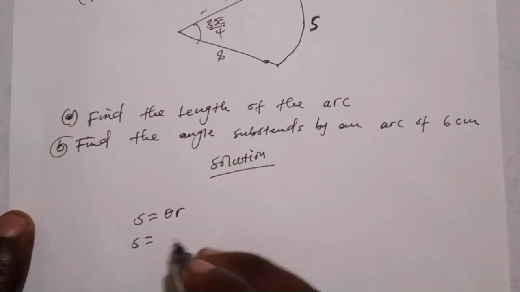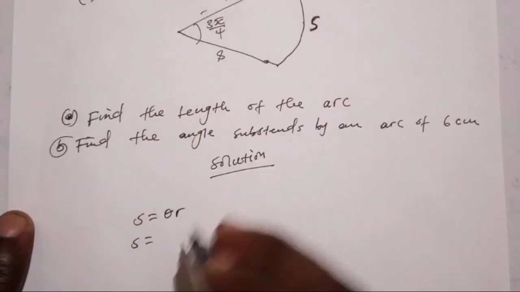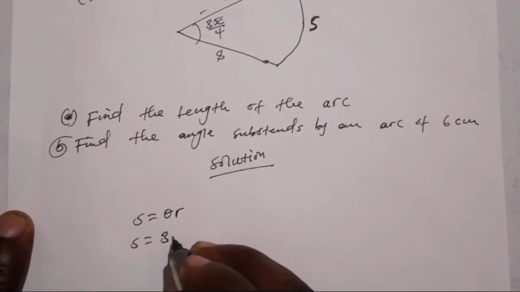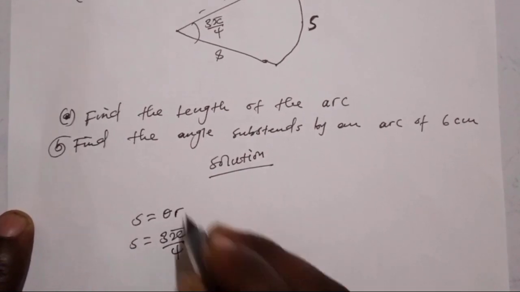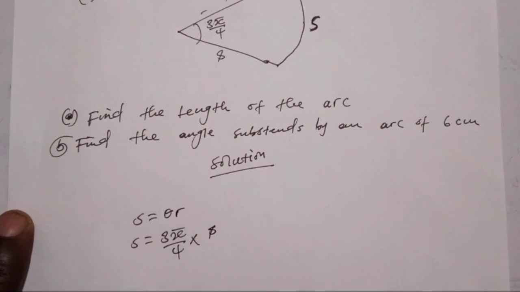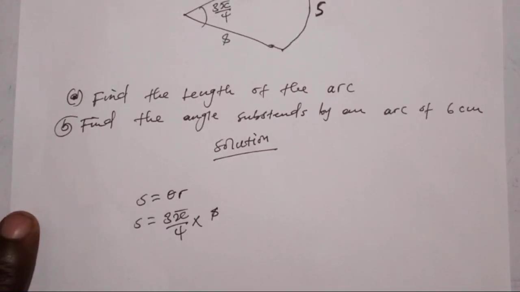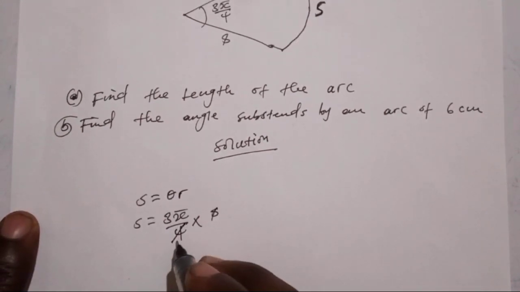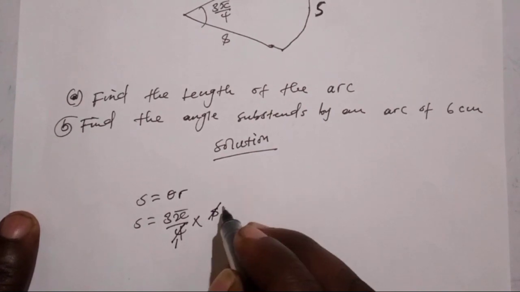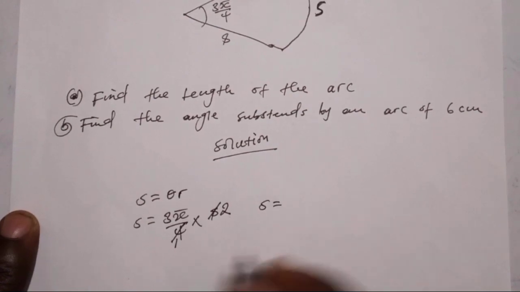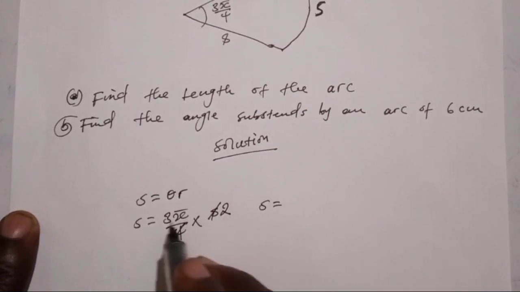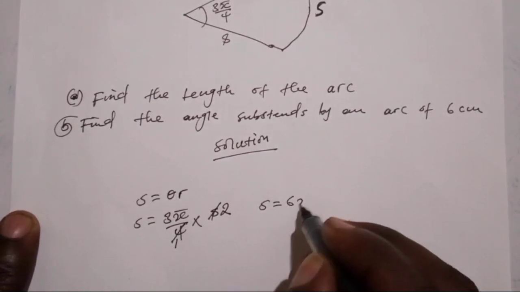So S equals theta, we have 3 pi over 4. The radius we have is 8. Then if you divide 4 into 4, that is 1, and 4 into 8, which is 2, then S will be 2 multiplied by 3, which is 6 pi.